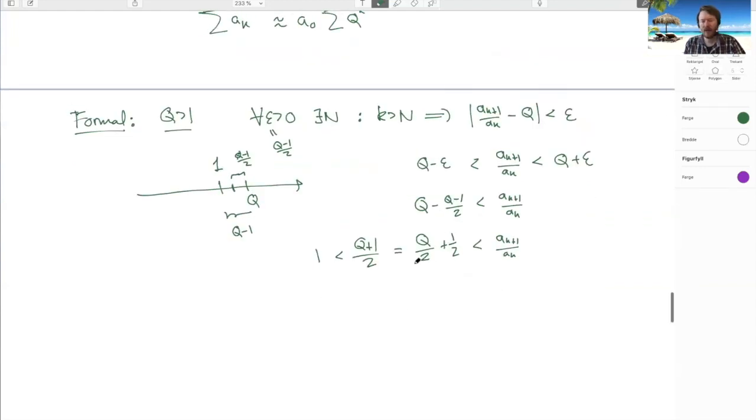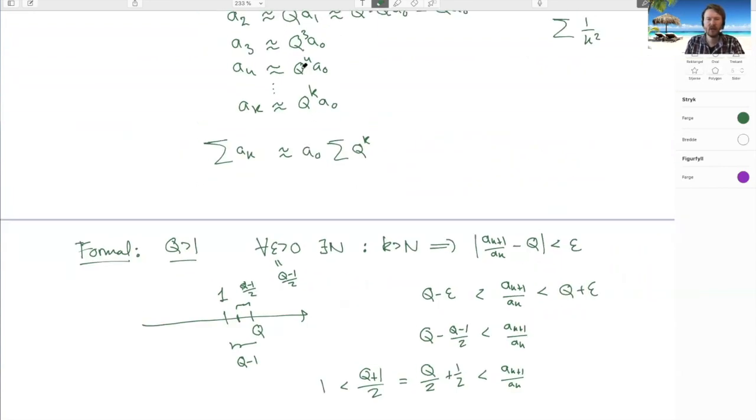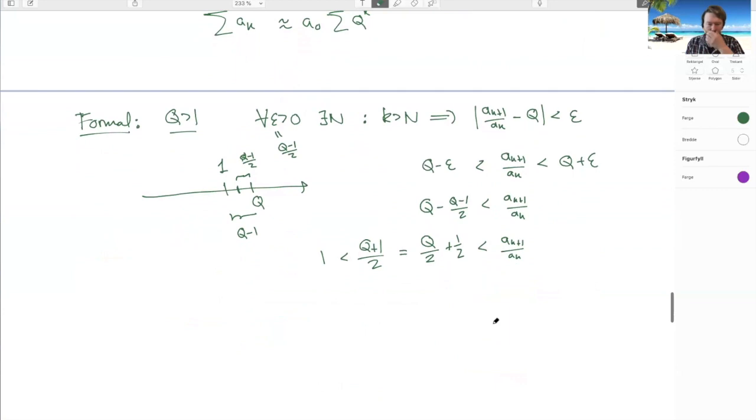Now, if I were on this side and wanted to prove convergence, I would need to do something like this. But now I only want to prove divergence. So now I can actually use this type of inequality here. I'm getting 1 strictly smaller than this, and I multiply up, so I get a_k strictly smaller than a_{k+1}. What does this mean? Well, this means that the sequence a_k is strictly increasing.